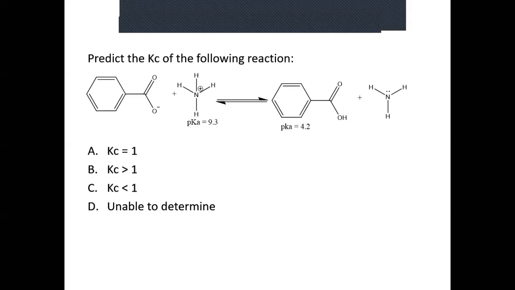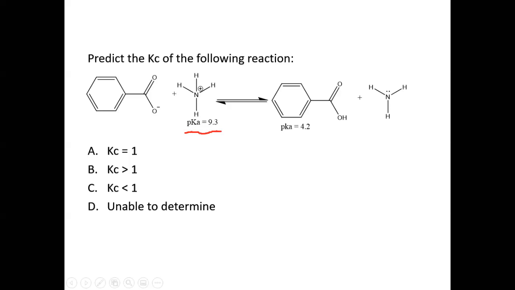I say the pKa of ammonium ion is 9.3. The pKa of benzoic acid is 4.2. So since benzoic acid has a lower pKa than ammonium cation, the net reaction goes to the left. So here Kc would be less than 1.